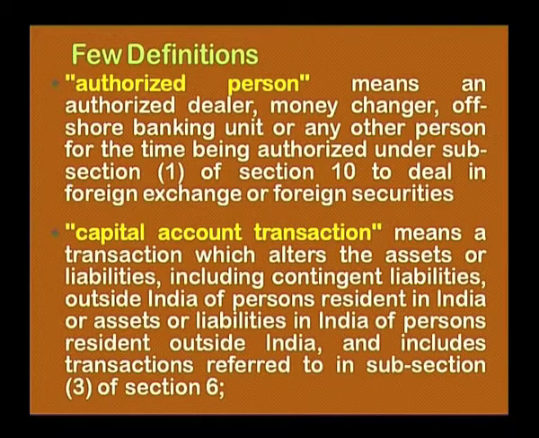Capital account transaction. It means a transaction which alters the assets or liabilities, including contingent liabilities outside India of persons resident in India, or assets or liabilities in India of persons resident outside India, and includes transactions referred to in subsection 3 of section 6.